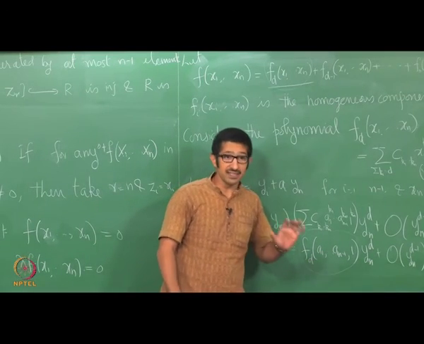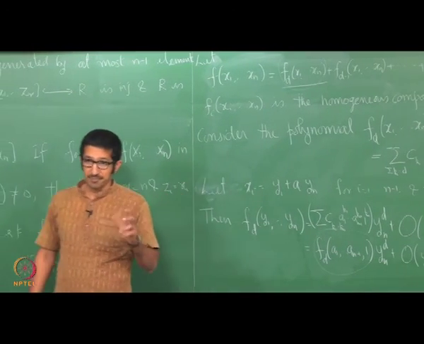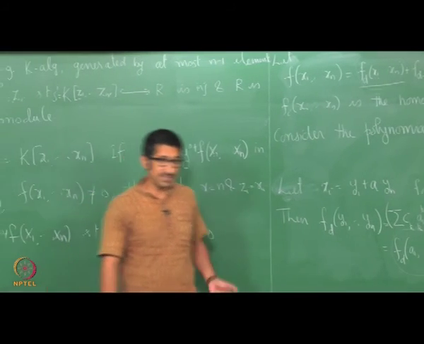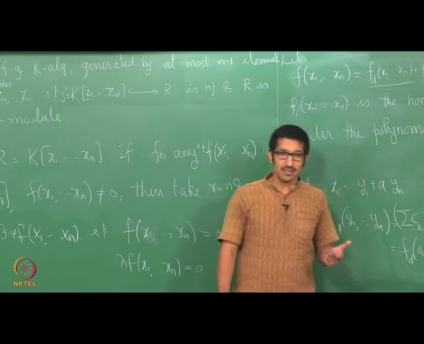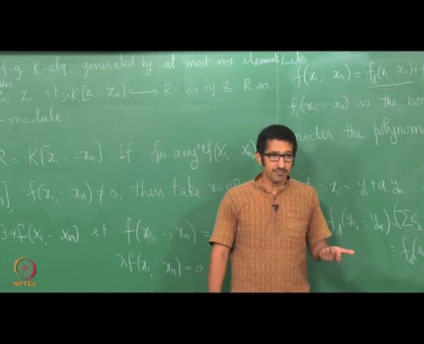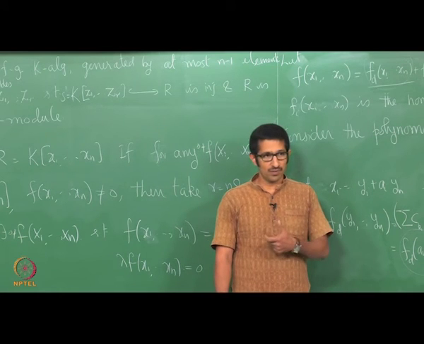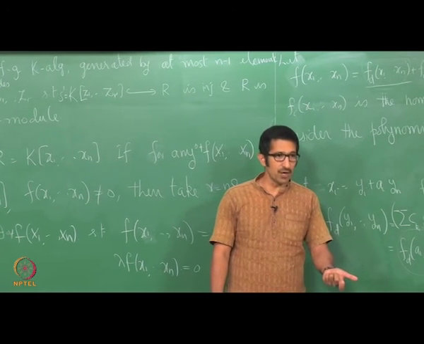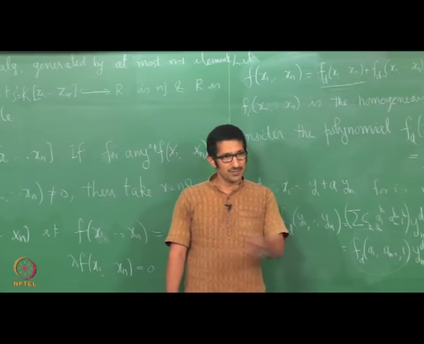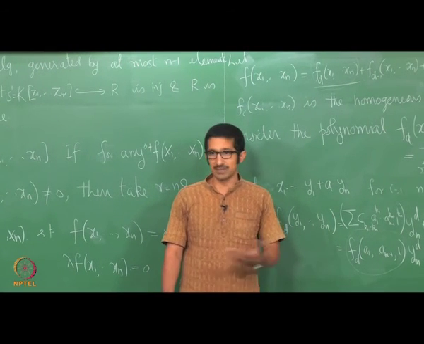But when your field is finite, it is much more difficult. For example, there can exist polynomials which, as polynomials, are non-zero, but when you put in any value of the field they become 0.